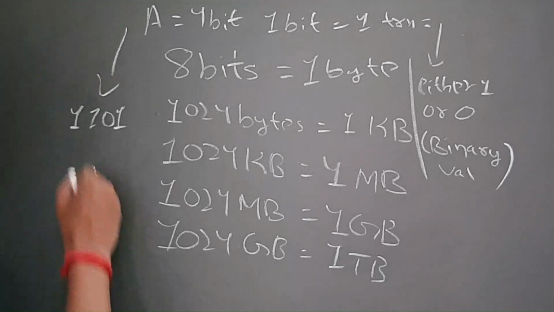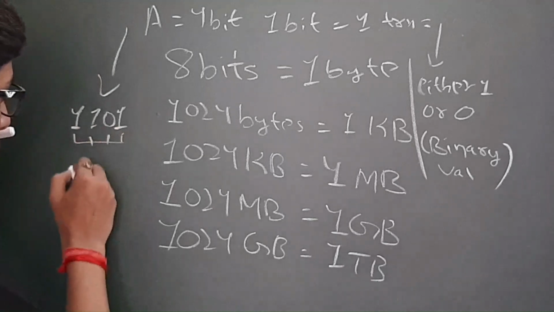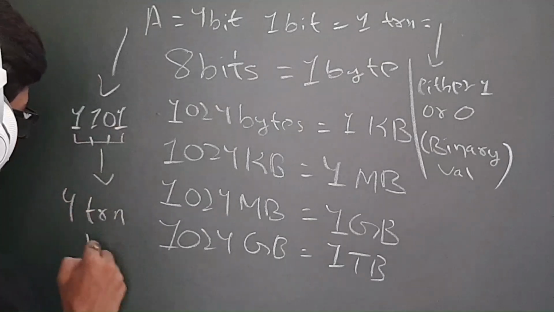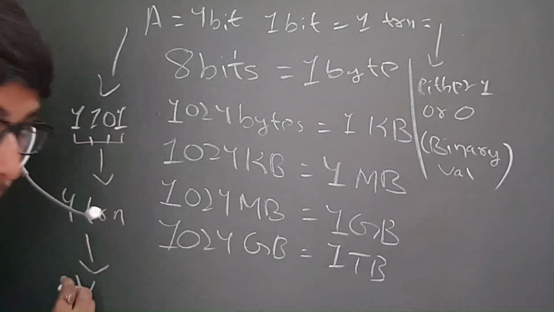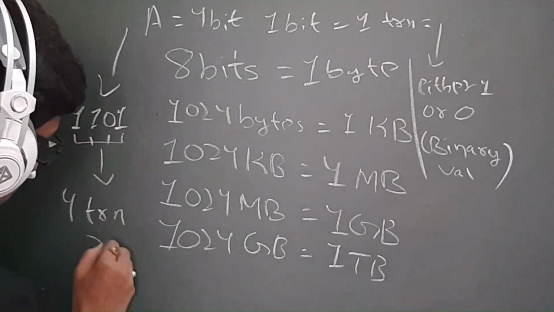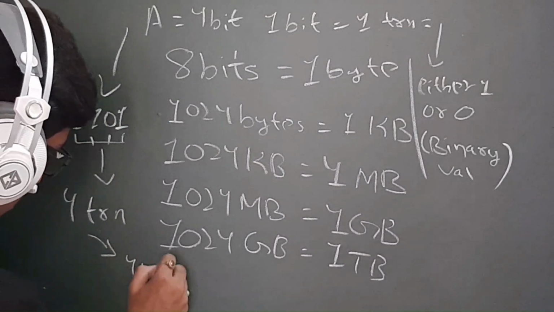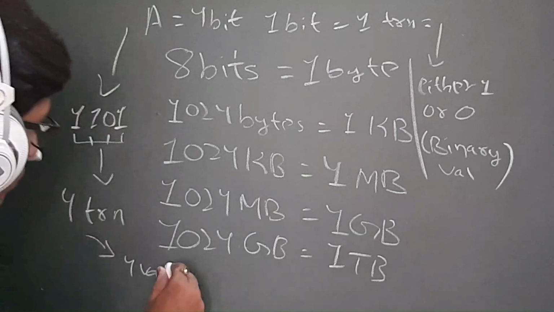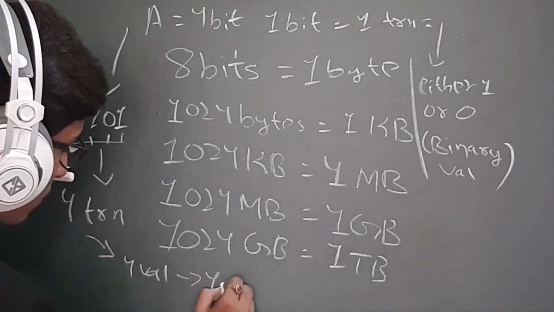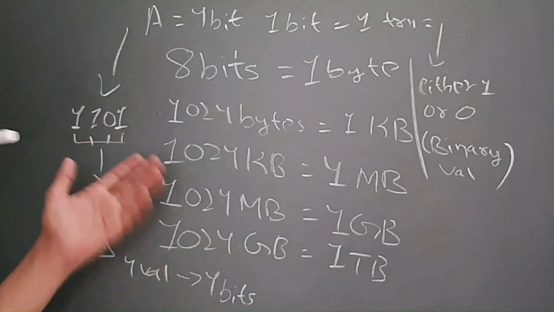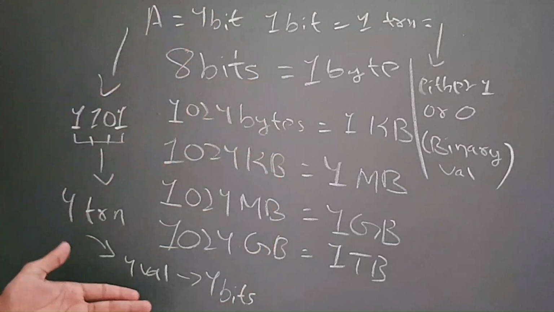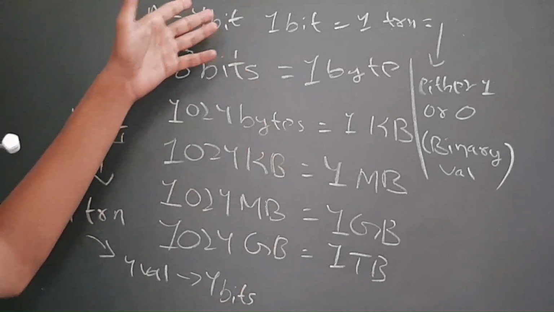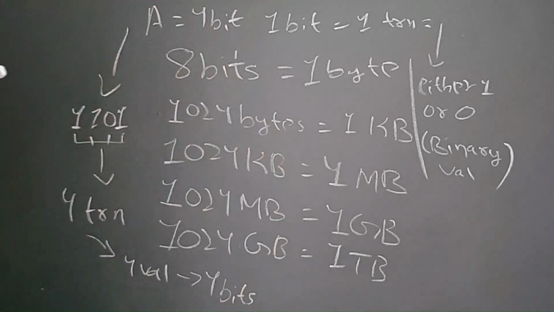So there are 4 bits because there are 4 values represented by 4 different transistors, right? So it will be said as 4 bits. I hope you understand this particular map, like how transistors, storage and units are correlated.